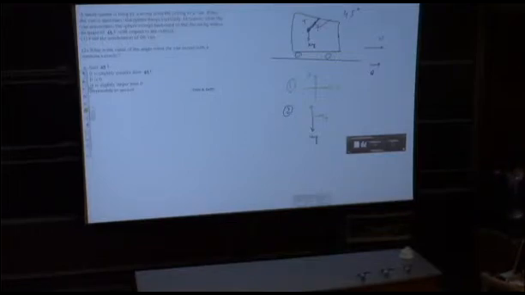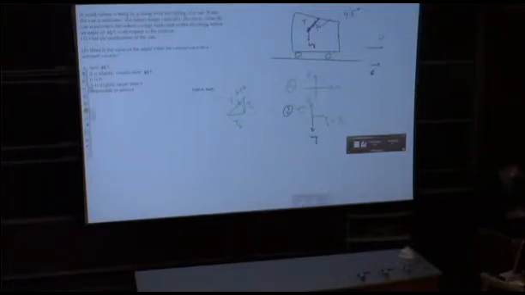T horizontal or T parallel, that's usually the name for something like that. T vertical or T perpendicular. And of course, the actual force of tension and the components of that force always make, that's vertical, that's horizontal, a right triangle. In this triangle, this angle is 45 degrees.